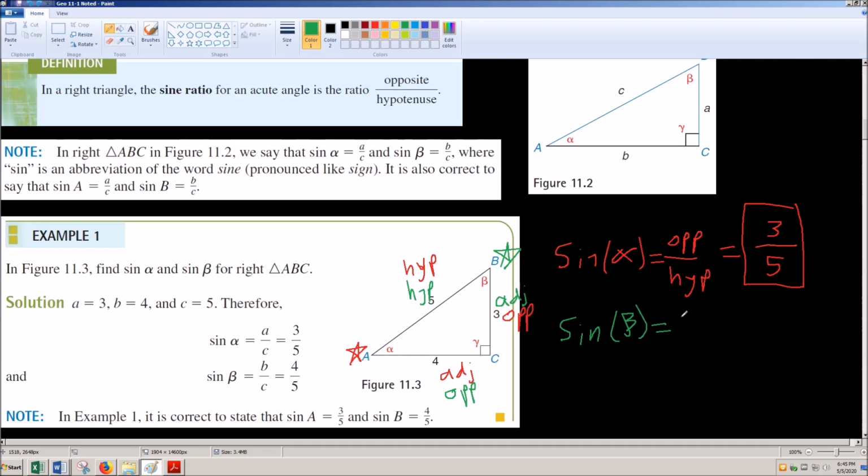Oops. Opposite over hypotenuse here. That's pretty trash handwriting. Let's fix that up. All right, opposite over hypotenuse, that's better. And here we get 4 over 5. So that is my sine of alpha and sine of beta values for this triangle here.